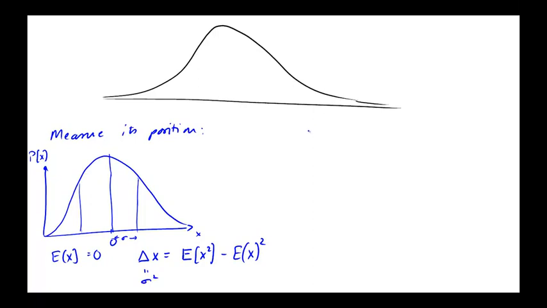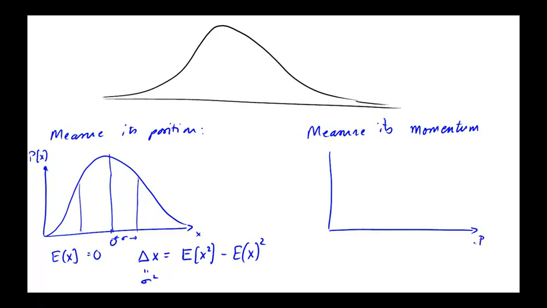But now we could also measure its momentum. And when we measure its momentum, we are measuring p, and the probability that we actually see the momentum, little p.